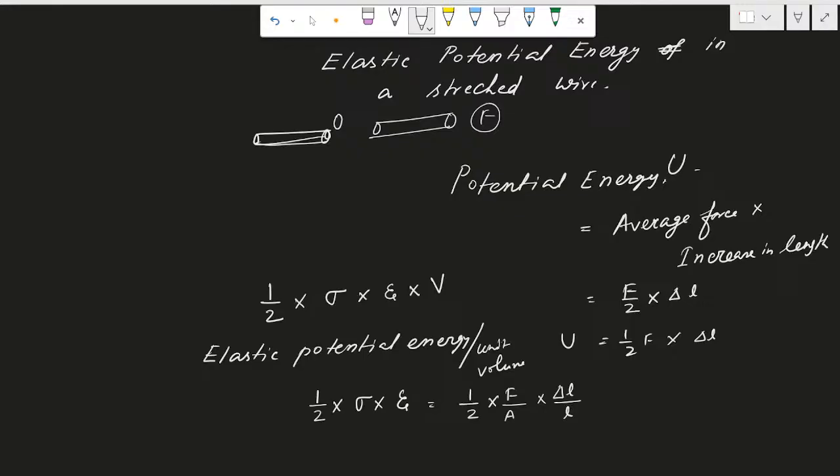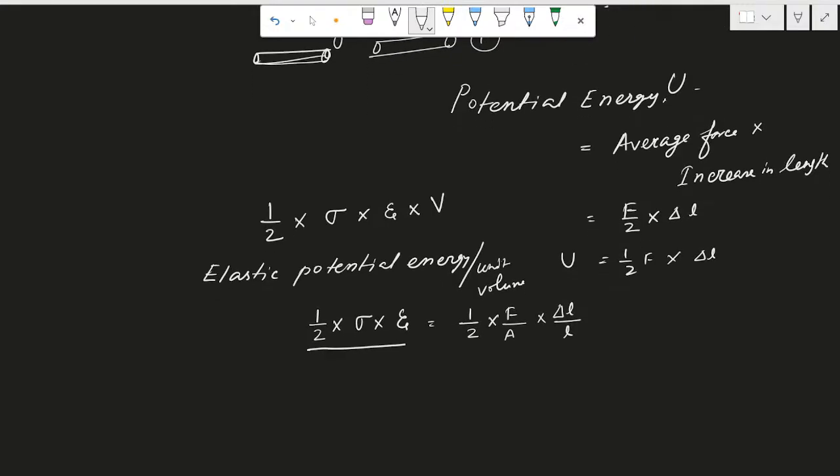Therefore, we can do it this way: if we write half into sigma into epsilon in terms of Young modulus, how can we write this? We know that Young modulus is sigma divided by epsilon.